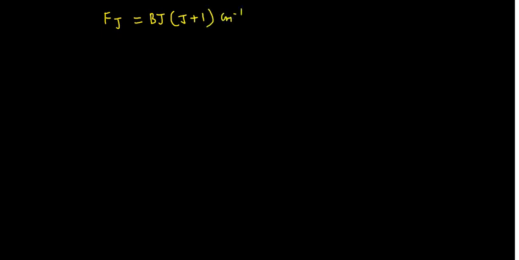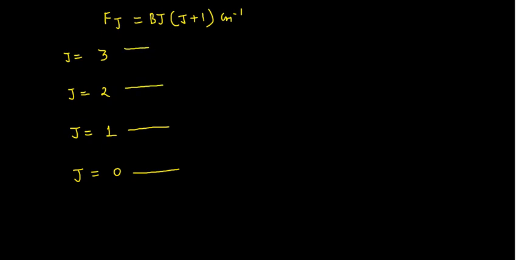Now you are having this J value, say this is J value of 3, so I can write J equals 3, and then J equals 2, and somewhere here J equals 1, and somewhere here J equals 0. So this is the first rotational energy level, this is the second, this is the third, this is the fourth one.